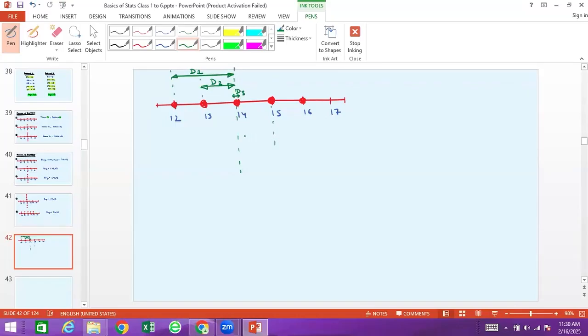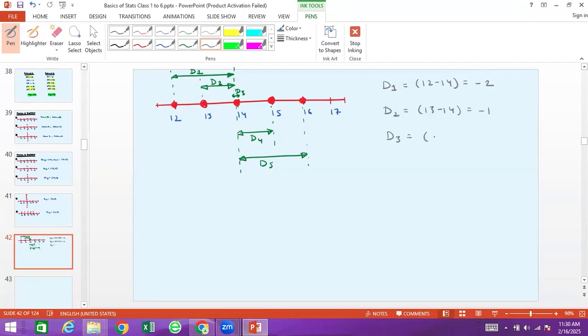Okay. Then this is distance 4. And finally, this one is distance 5. Now what I will do is calculate each distance. Distance 1 is what? 12 minus 14, 14 being the average, minus 2. Distance 2 is 13 minus 14, that is minus 1.